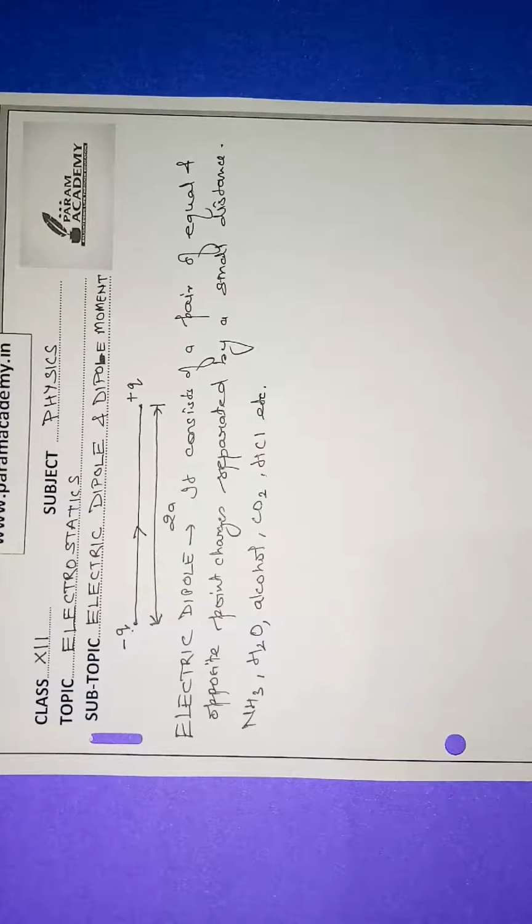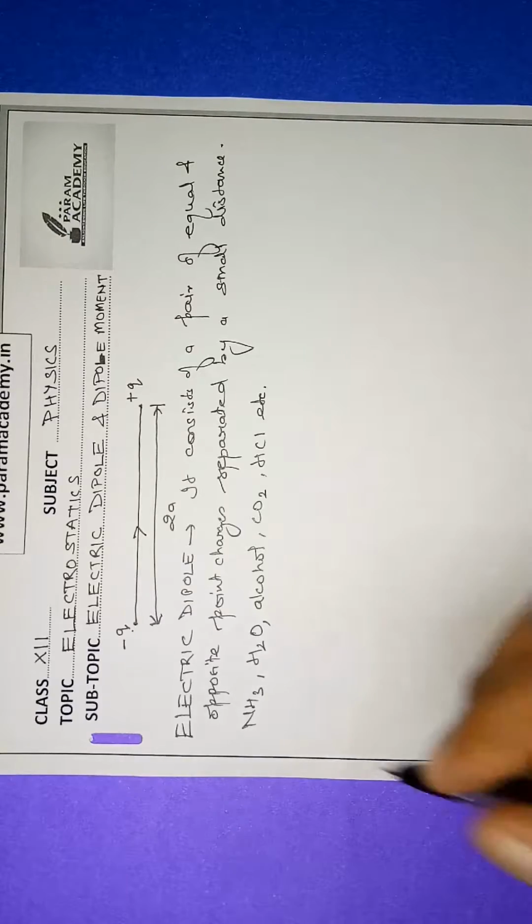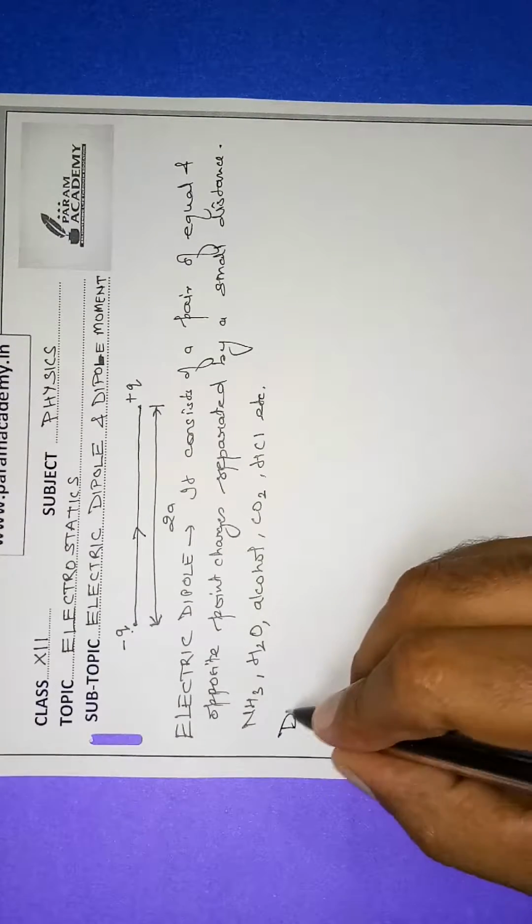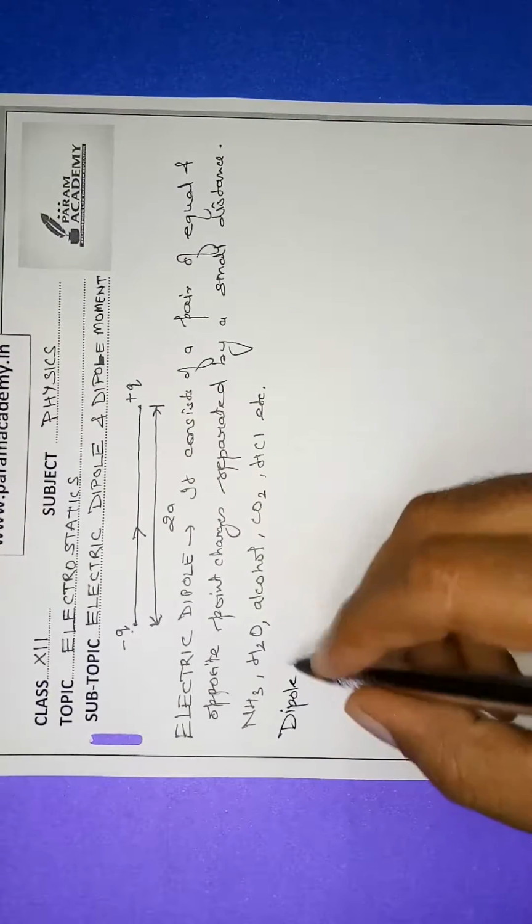Now, whenever we have an electric dipole, it must have a certain strength. How can we find out the strength of an electric dipole? To measure it, we have a physical quantity called the dipole moment.